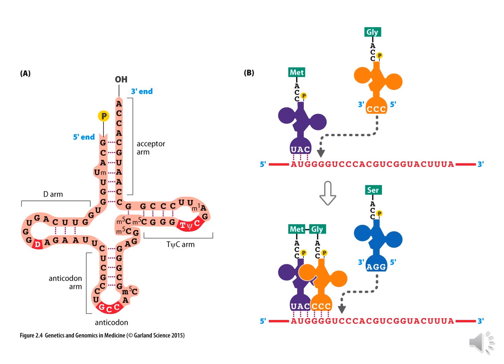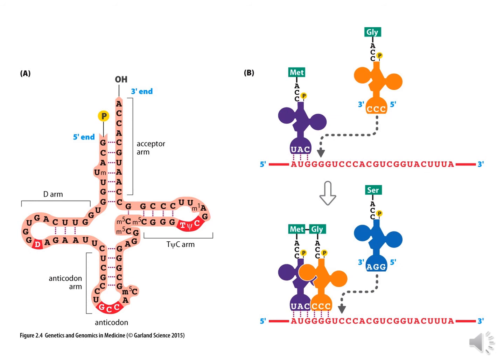So you see it does appear somewhat like a cloverleaf, and this is formed through intramolecular base pairing, producing this three-arm terminating loop plus the acceptor arm that binds the amino acids through the covalent bonding of the 3' end. So if you look at the 3' end, this is where the particular amino acid, in this case glycine, will be carried by this tRNA molecule.